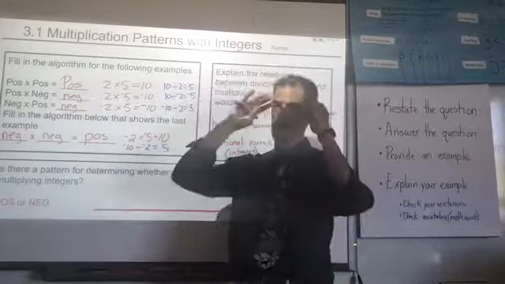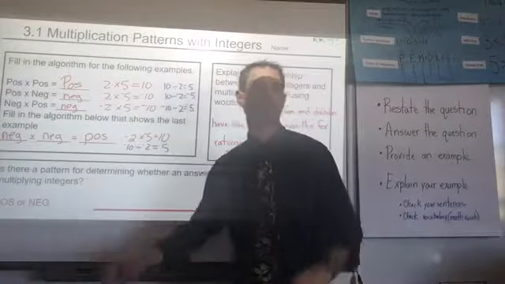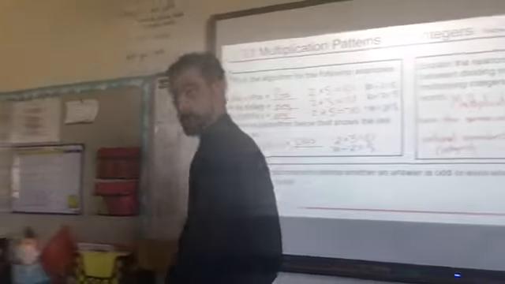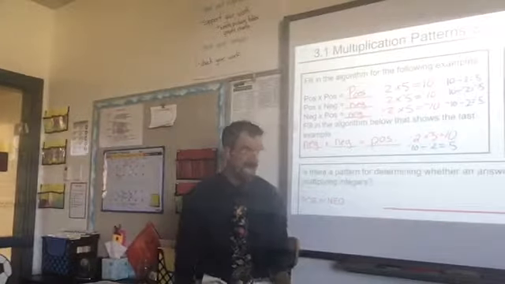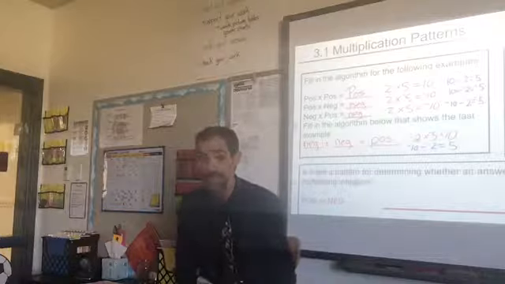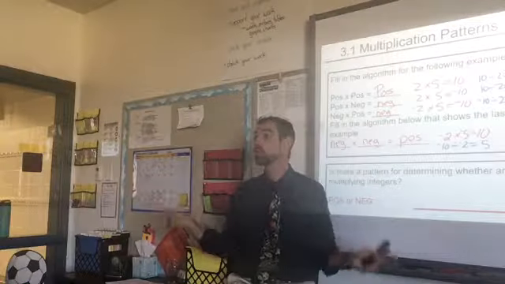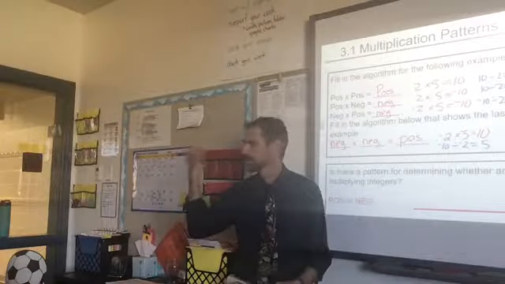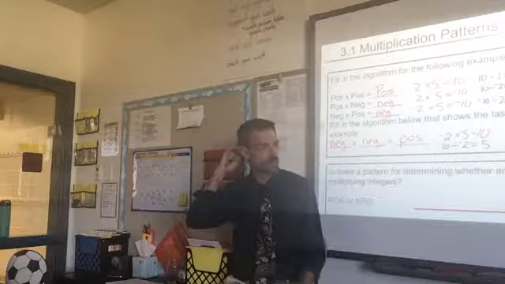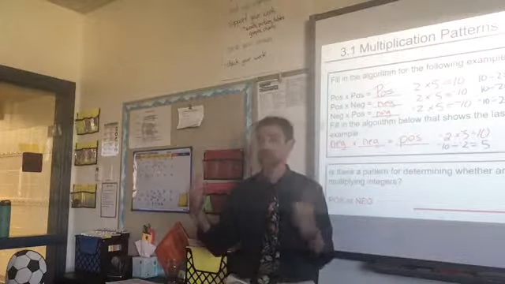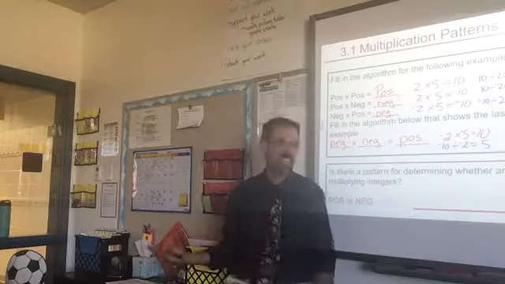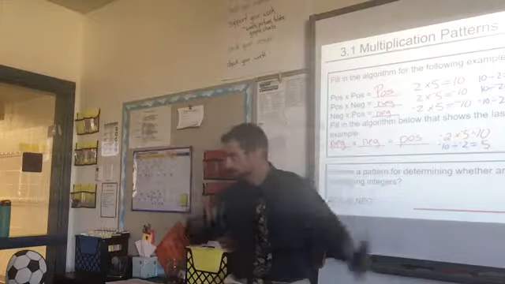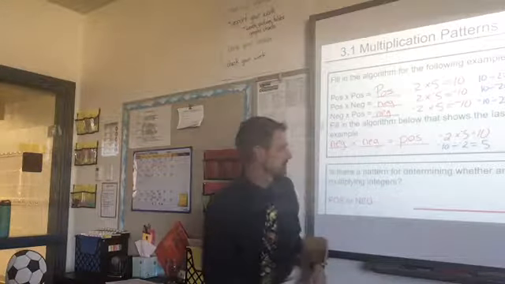This is like a breath of fresh air, because 4 algorithms is much easier than 12. And you don't have to worry about absolute value. The only thing you need to remember is, oh, that's negative, that's positive, my answer is going to be negative. Oh, that's negative, that's negative, my answer is going to be positive. It's really easy. No more absolute value stuff, worrying about which one's further from 0, none of that.